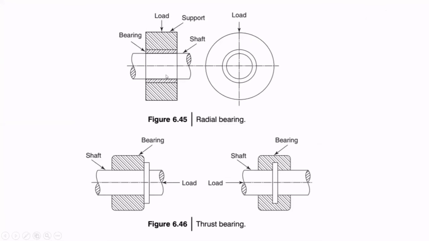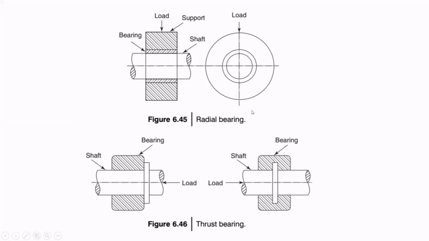See this, this is a radial bearing, where the load is in the radial direction. This is the shaft, this is the axis of the shaft, and the load is perpendicular to the axis of the shaft. Then the bearing is called a radial bearing.